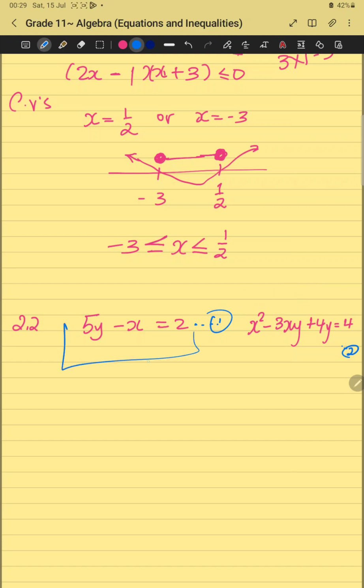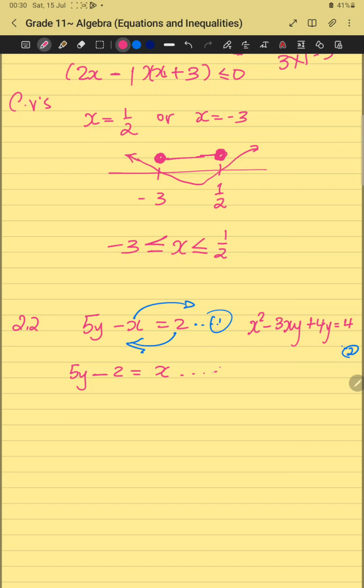But this one here, it's easy, so you can just choose this one. So you can just make y or x. Let's just make x. So that means we're going to take x to that side and we bring 2 to this side. So that means we're going to end up having 5y minus 2 is equal to x.